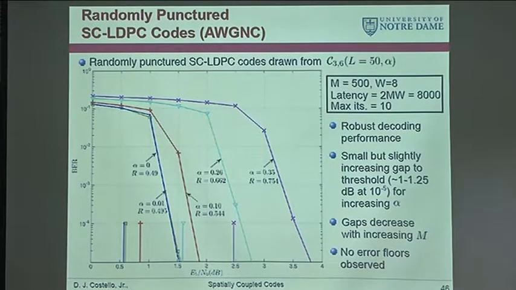It could just be a result of the particular puncturing pattern we picked or the particular code, we're not sure. But it looks like the performance of these codes is still pretty robust to puncturing. And as I said, we do have some analytical results on random puncturing, which show that the thresholds hold up well.